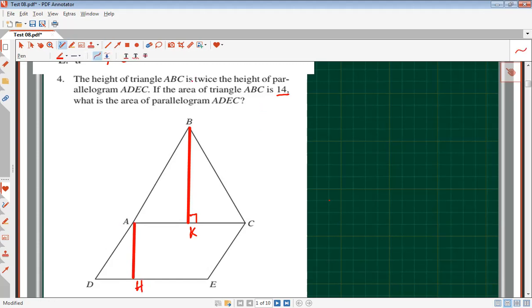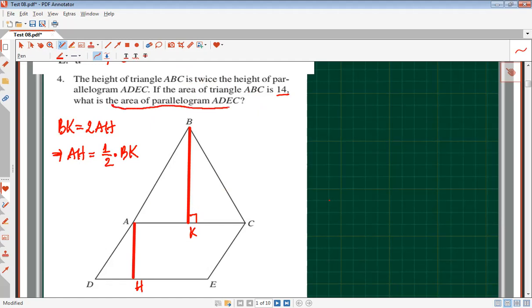From the information in the question, of course, we have BK is twice AH. Therefore, AH equals 1/2 times BK. The question is about the area of parallelogram ADEC.